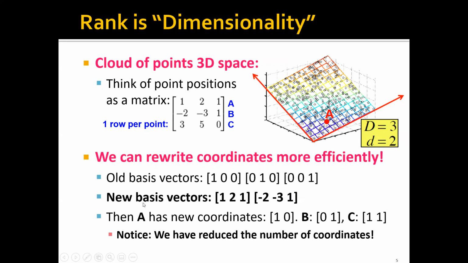But if we use the new basis vectors, which are 1, 2, 1 and -2, -3, 1, we can represent these 3 rows using much shorter vectors. For example, row A can be represented using 1, 0, row B can be represented using 0, 1, and row C can be represented using 1, 1. So by doing this, we have already reduced the number of coordinates from 3 to 2.